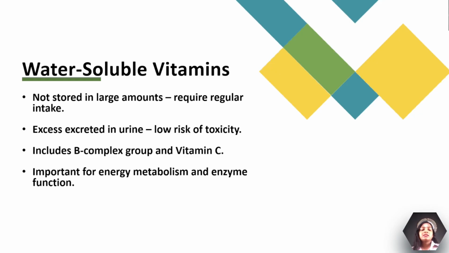Now, the excess is excreted in urine. If we are taking water soluble vitamins in abundance, they will ultimately be excreted in the urine, and there is a very low risk of toxicity because of the water solubility.